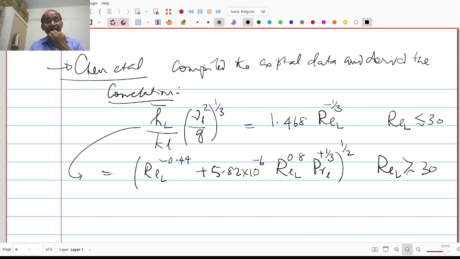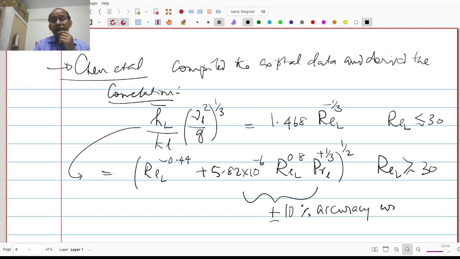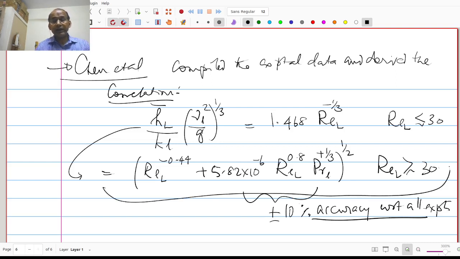And what they found is that this is working within plus or minus 10% accuracy with reference to all experiments that were used in compilation, which is remarkable because the range of data spans quite a large set of experiments.